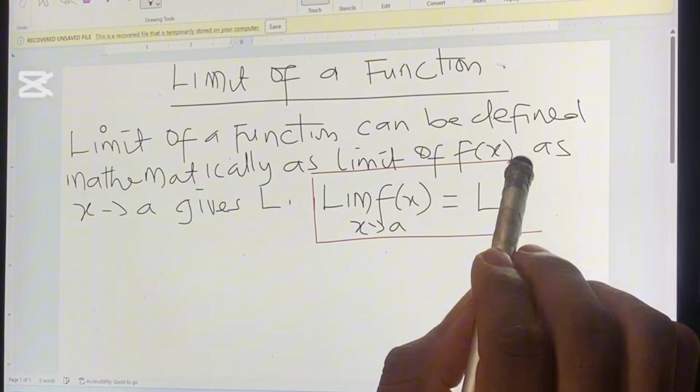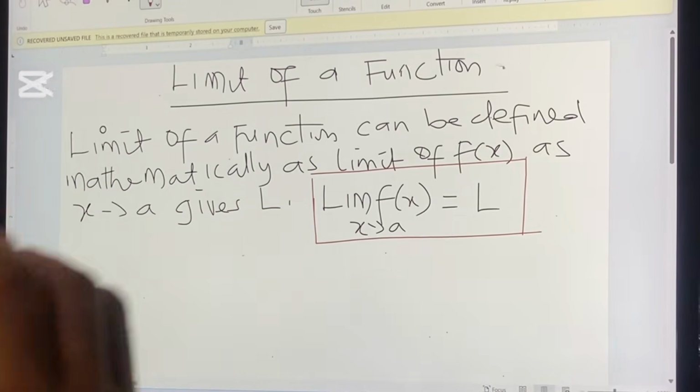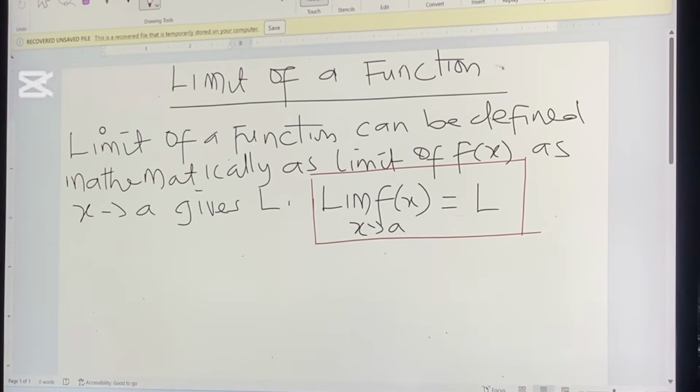Please take note of this. So this is the mathematical definition of limit of a function.